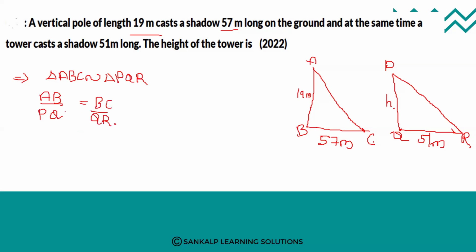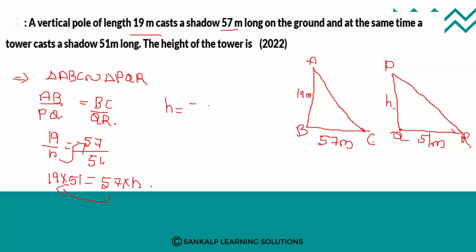Okay, we want the value of PQ. The value of AB is 19. PQ is H. BC is 57 and QR is 51. Now transfer this 51 to this side. 19 into 51 is equal to, transfer this H to this side, 57 into H. Now transfer this 57 to this side.